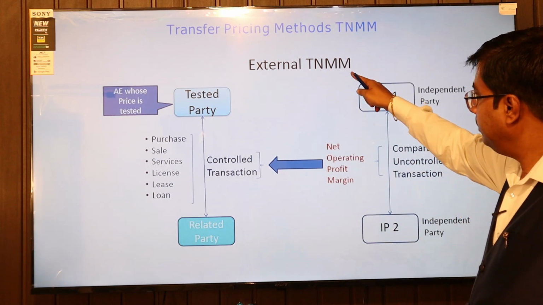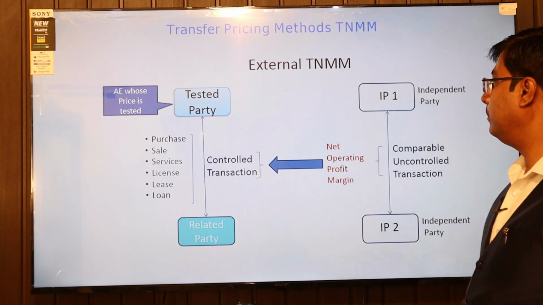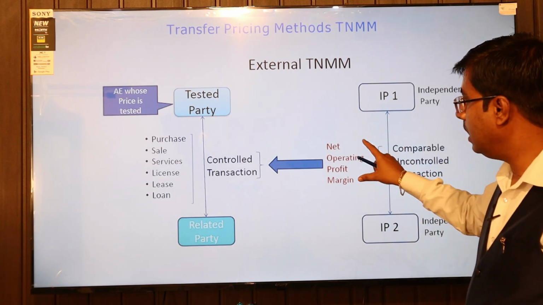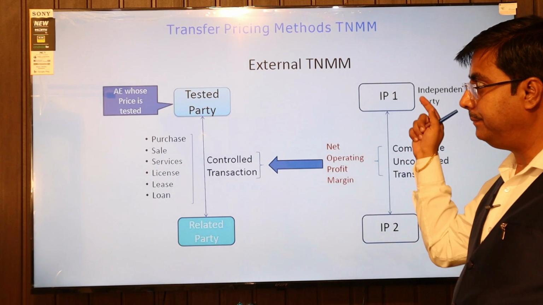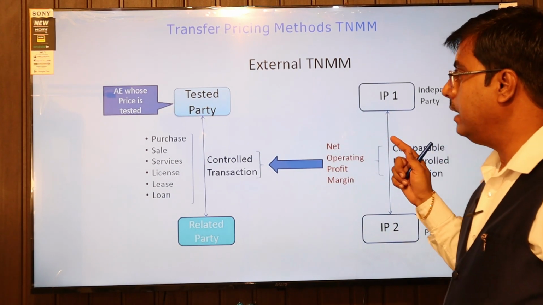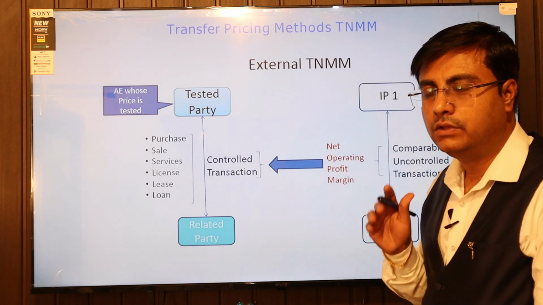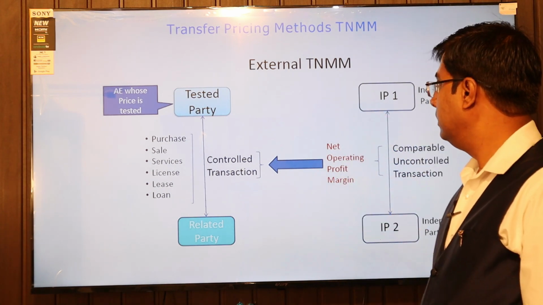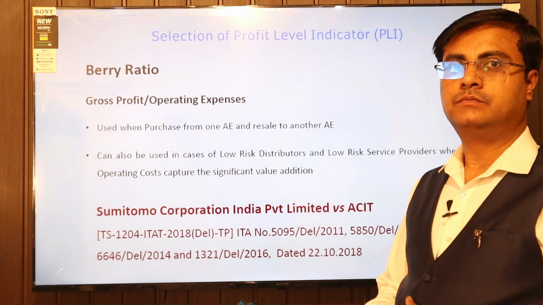In TNMM, we have to see what is our net operating margin. In the previous CUP, RPM, CPM, we have to see gross margin, but in the TNMM, we have to see net operating margin.